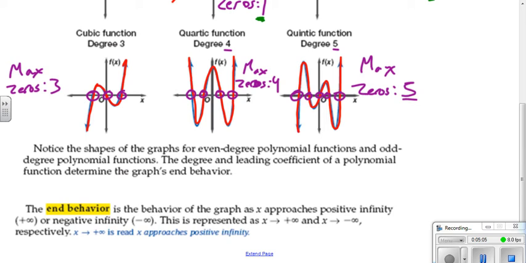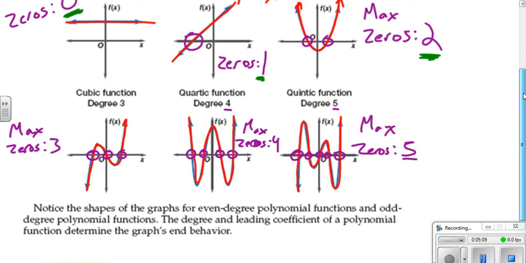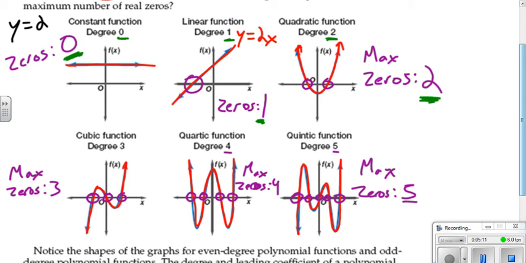Now, another thing to notice is that for the graphs of even degree polynomials, so when we had, I'm going to circle these, the 0, 2, and 4, the end behavior was the same as the start behavior. By that we mean, the behavior for degree 0 means it's just not changing. It's never doing anything.